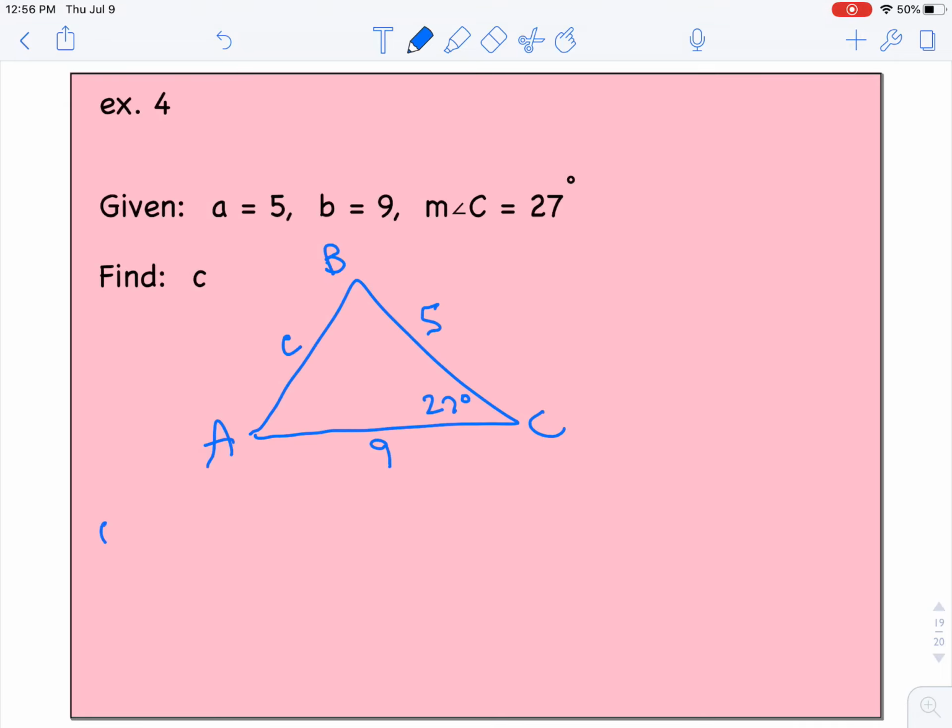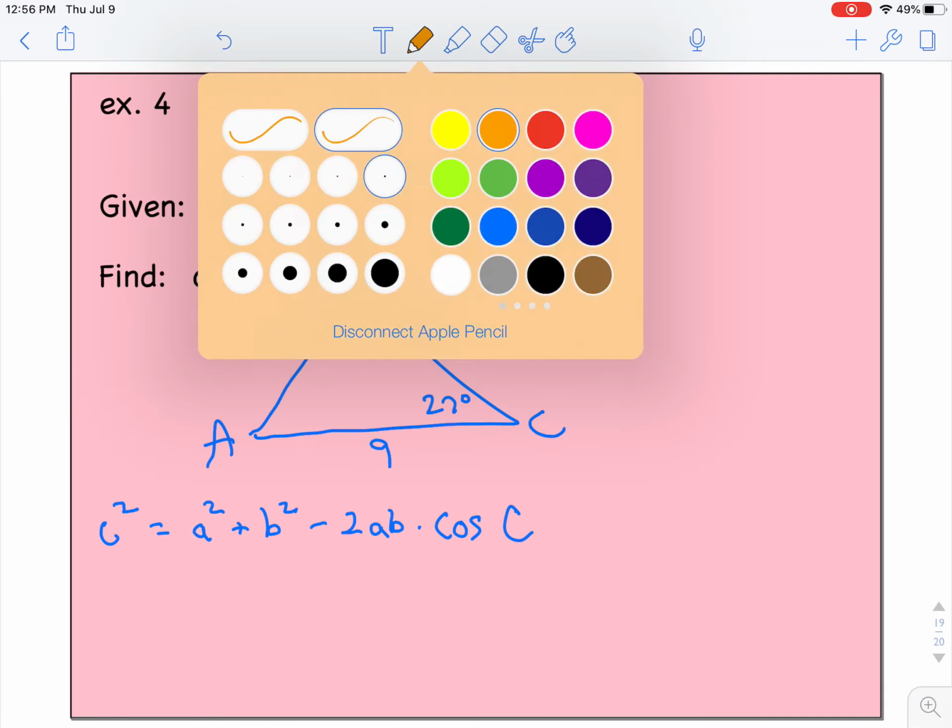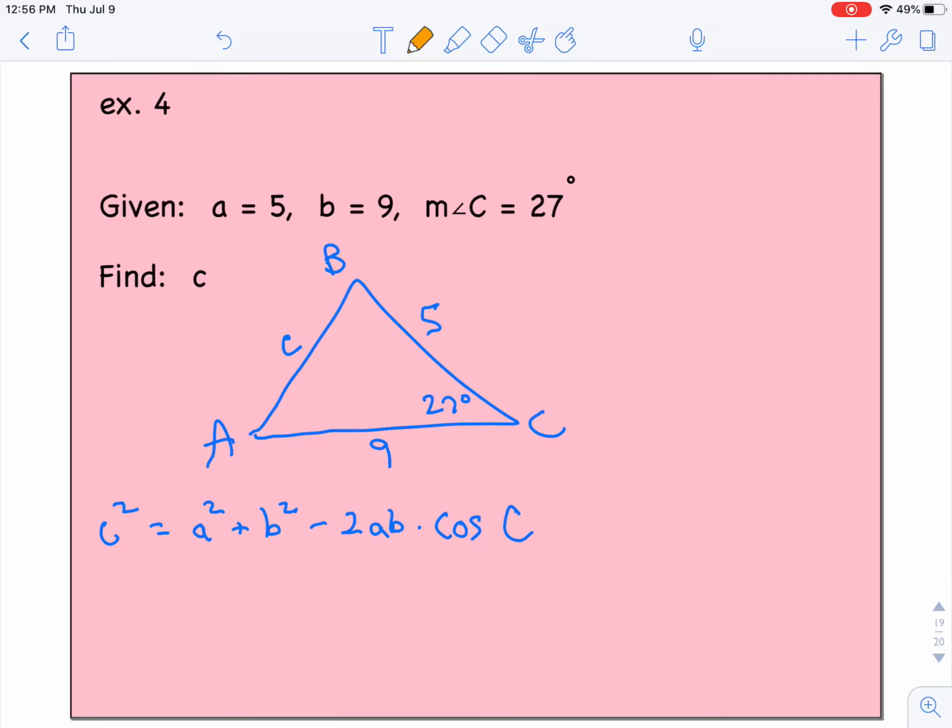So using the law of cosines for this, I'm going to use the c squared formula. So c squared equals the other 2 sides squared added together minus 2 times those sides multiplied times the cosine of that angle.